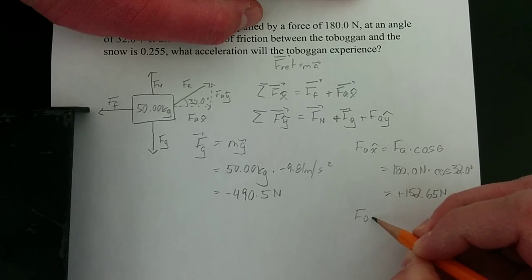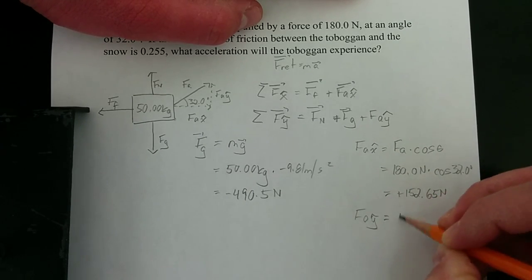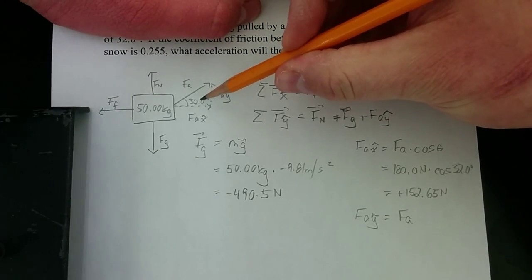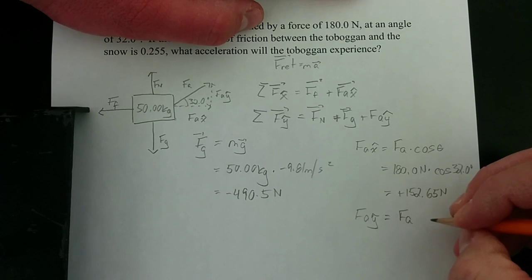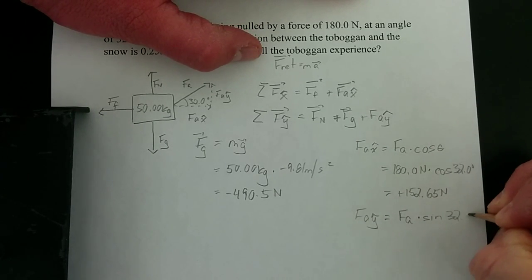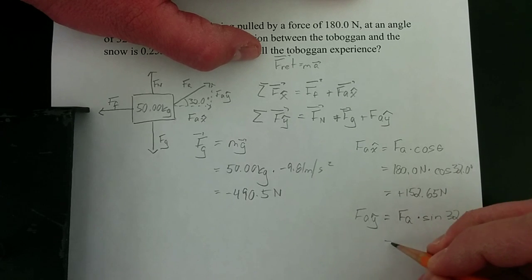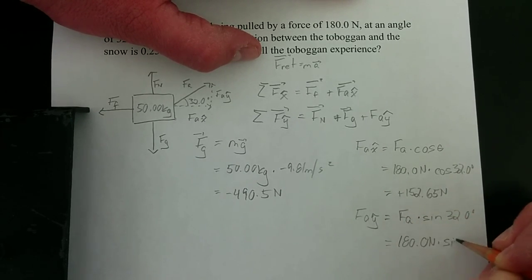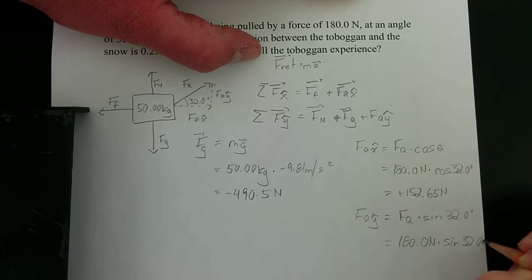And I go to my y component as well. Fa, and this time I take a look, and that's going to be the opposite to my angle of 32 degrees, so I'm going to use sine in this case. So I plug it in, 180 newtons times the sine of 32 degrees.